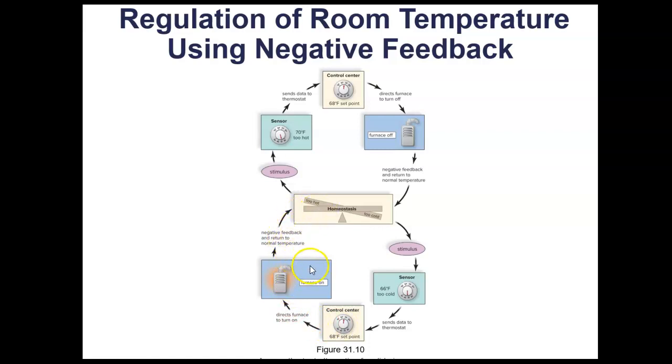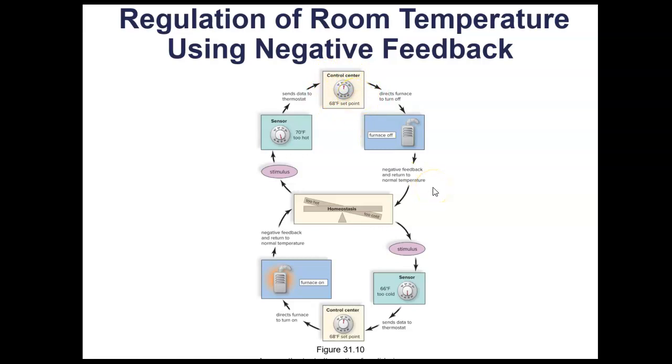So we have a set point, 68 degrees, and we're trying to keep the temperature very close to that. There's a range a little bit below 68, a little bit above 68, but go too low and the control center determines what to do about that, and you go too high, the control center determines what to do.